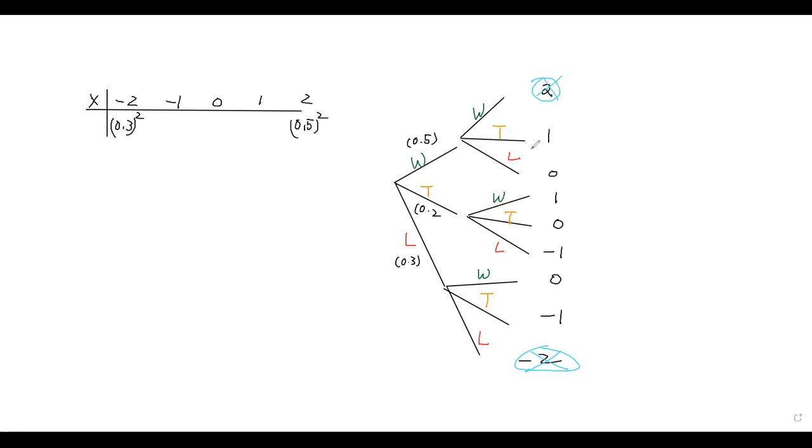And now you have the 1, the -1, and the 0. Okay, so let's take a look here. The -1, see here, is lose and tie, right? So lose and tie is 0.3 times 0.2, and then here's another one, which is also 0.3 times 0.2.